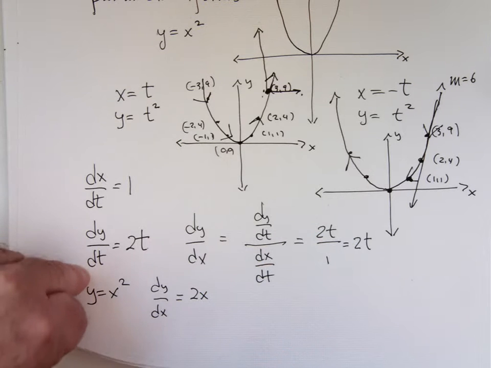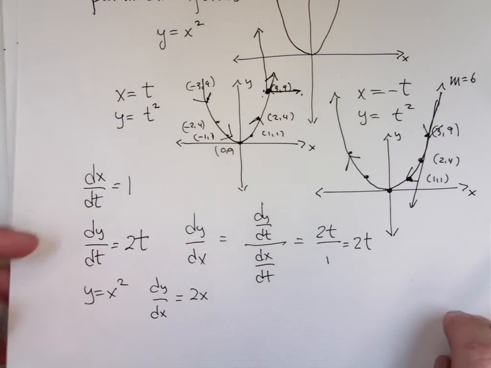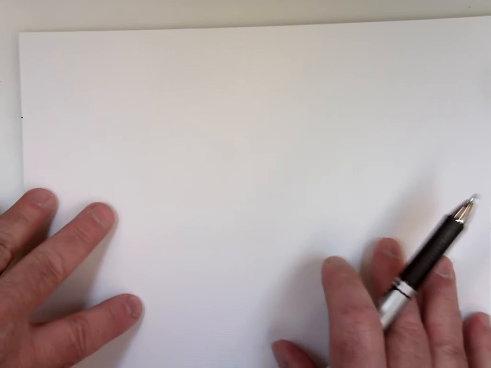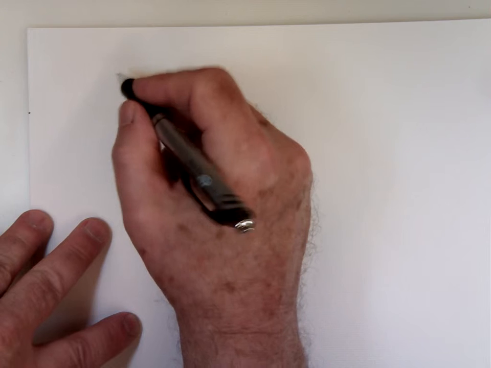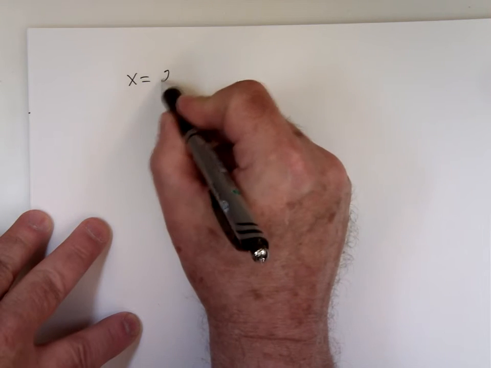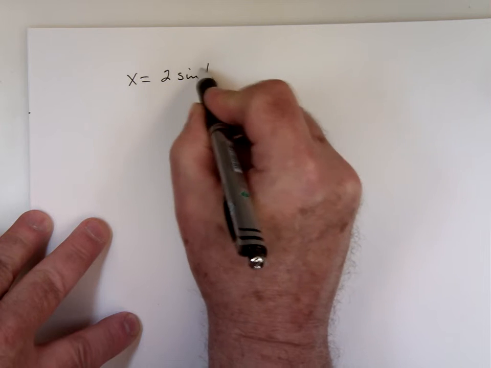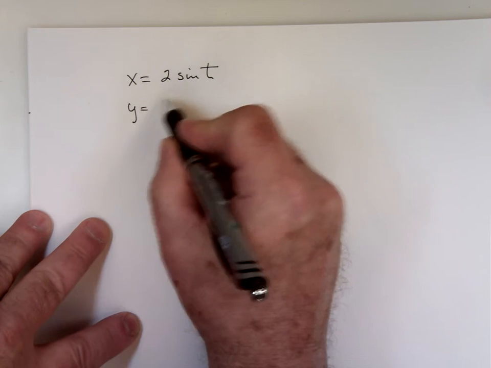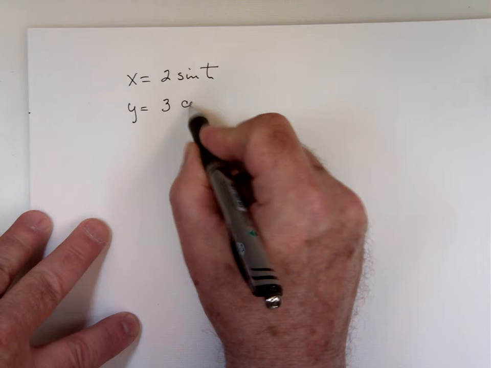What about if it's difficult to eliminate the parameter? Let's do another problem. Let's suppose we have something like this. And this is something you're going to run across in WebAssign, I would assume. Let's suppose we know that x is equal to 2 sine t, and y is equal to 3 cosine t.